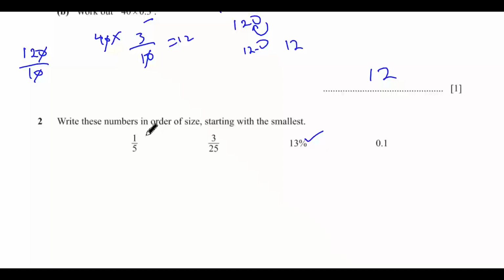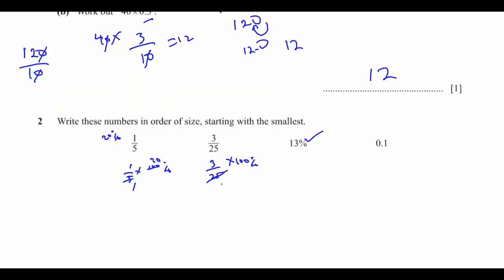Let's start with 1 out of 5. That will be 1 out of 5 multiplied by 100%. So 5 here once, 5 here 20. So this will be 20%.